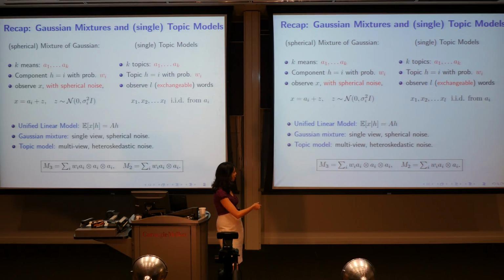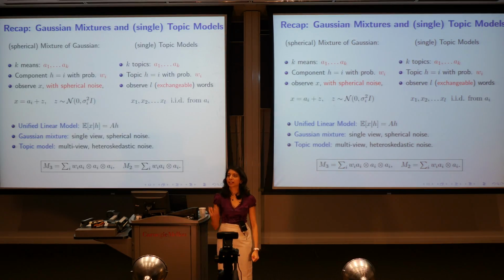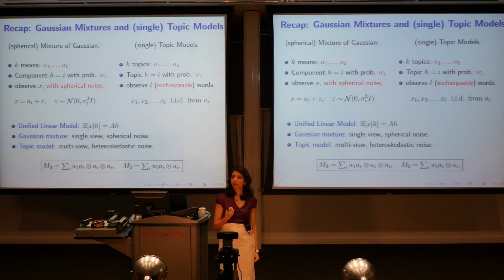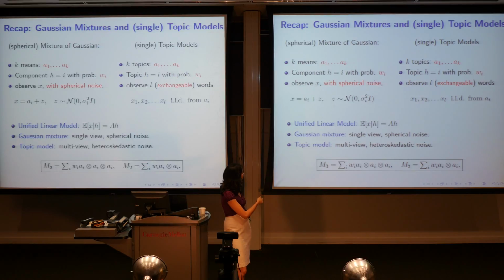And because of that, AH is like a selection process. H is again represented with basis vectors in k-dimensional space because it's one of the k possible components that occur. So with this notation, you can have both the Gaussian mixture and the topic models.